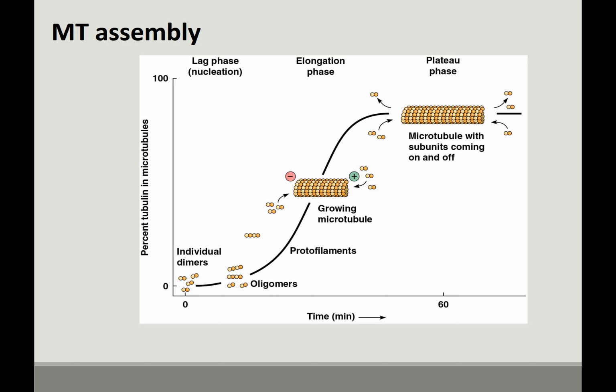So microtubules and the whole cytoskeleton in general is called dynamic. And dynamic means it's ever changing. So it's not like our skeleton, where once we grow, it pretty much stays the same. Yes, we do shrink as we get older, but that's not because our skeleton is shrinking.